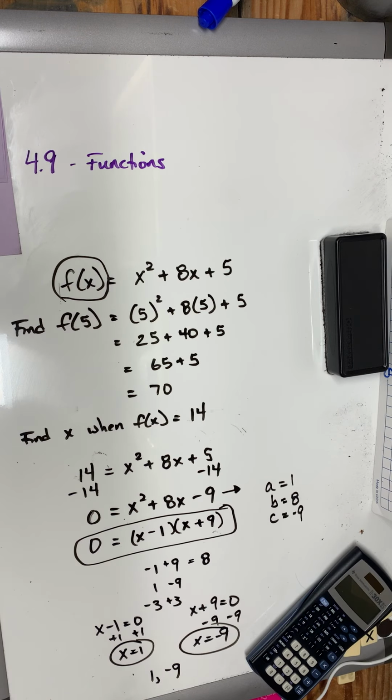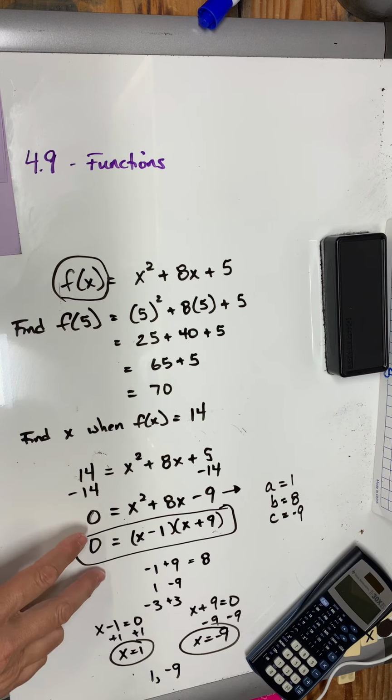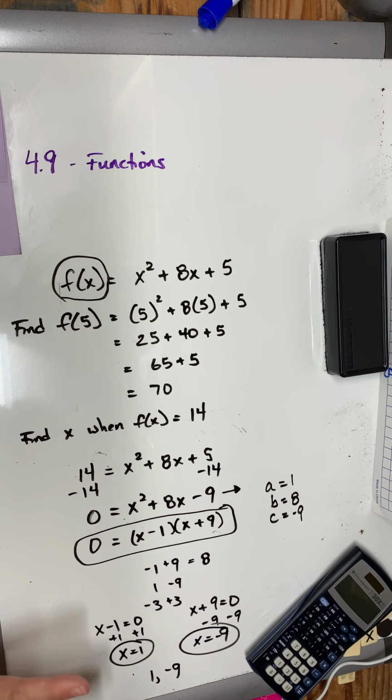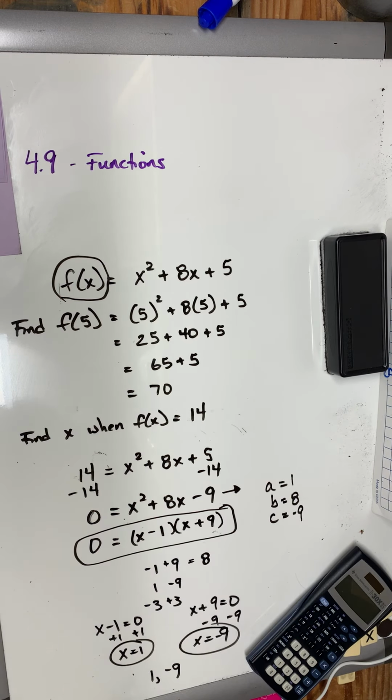Okay, so it's up to you how you want to do it. We really don't spend enough time factoring for most of you to feel comfortable with this, and so that's normal if you're struggling with that, but the quadratic formula will work for all of those.